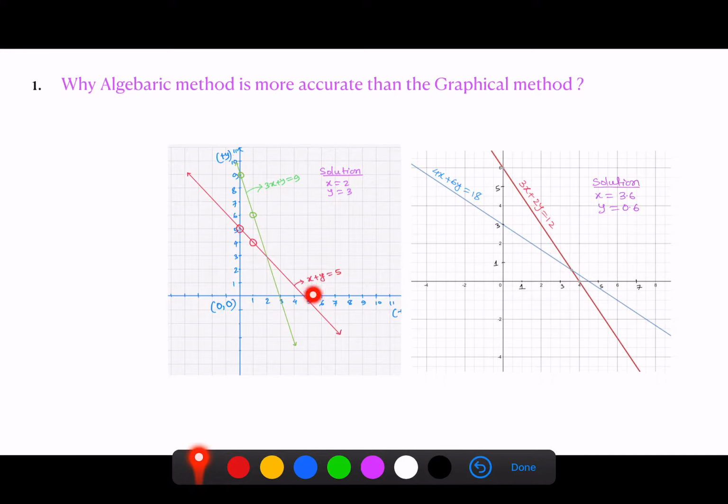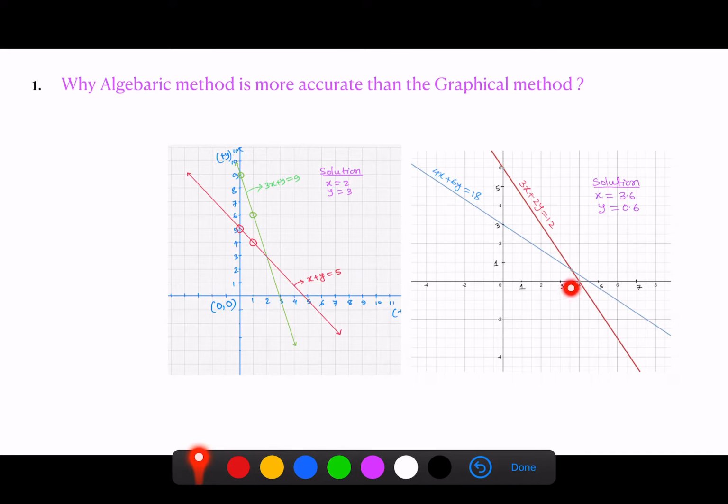You see that the solution of these two straight line equations is x equals 2, y equals 3. This is the intersection point here, x equals 2 and y equals 3. And now for these two straight lines, the intersection point is 3 point something.